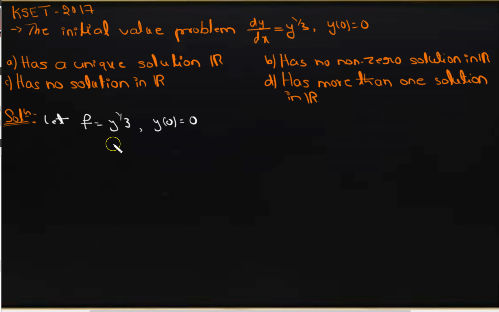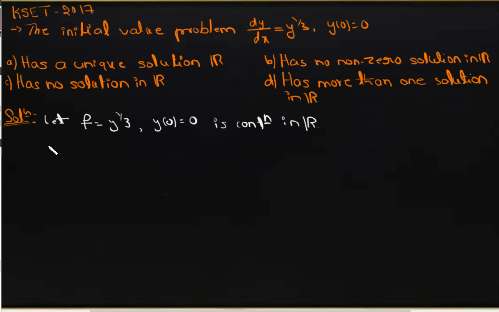No doubt this function is continuous throughout the real numbers, continuous in R. Therefore, a solution exists, no doubt. Solution exists by the existence theorem. Then whether the solution is unique or not, we need to check.